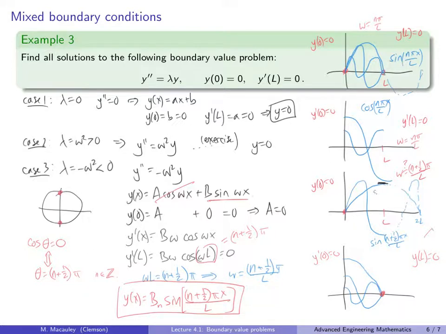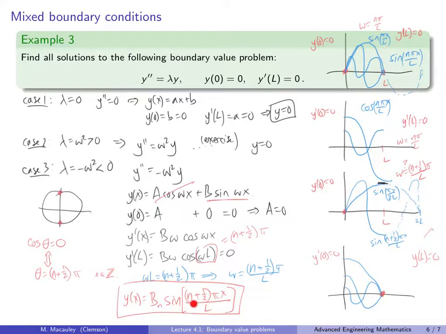If n is 0, that's sine of 1/2 pi x over L. So let's write this as sine of pi x over 2L. So there's that factor of 2 right there compared to the first one. When n equals 1, this was sine of pi x over L. This one down here is sine of pi x over 2L. So it has period twice as long.